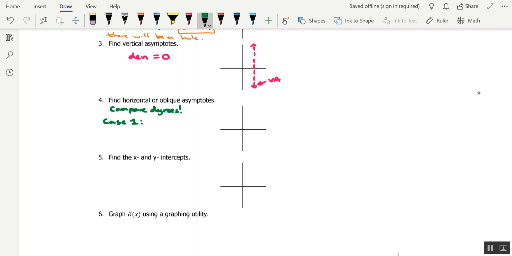Case 1 would be where your horizontal asymptote is y equals 0, which is the equation of the x-axis. Another case, case 2, would be y equals a sub n over b sub m, where that's the ratio of leading coefficients. And then case 3 is the situation where there's no horizontal asymptote, which implies that there's going to be an oblique asymptote.